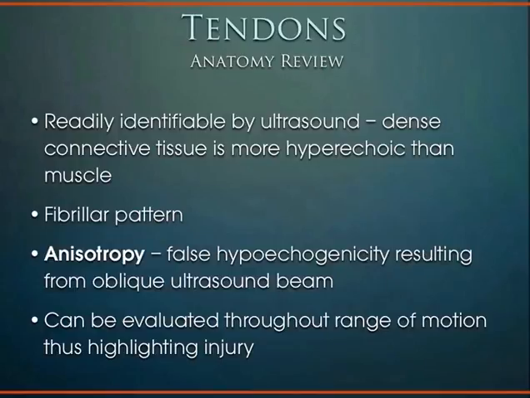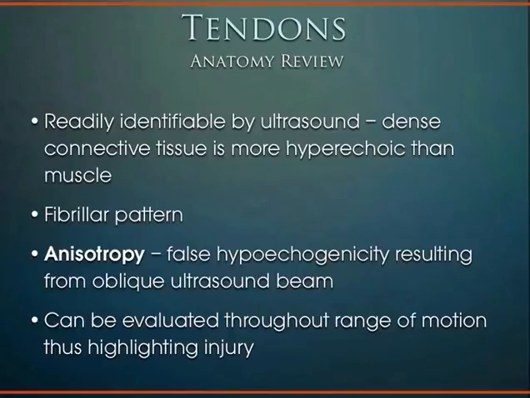As part of the limitations in knowing what's normal and what's not normal, there are some characteristics of certain tissues that you have to be aware of. And for tendons, there's something called anisotropy or anisotropy, depending on who you are and where you studied. Basically, when you're looking at tendons, it should have that very hyperechoic view and that fibrillar pattern.